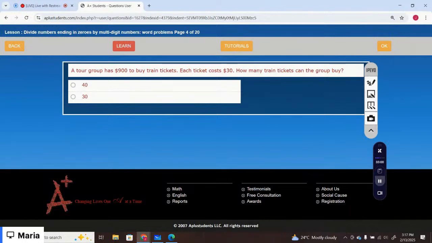A tour group has $9,000 to buy train tickets. Each ticket costs $30.